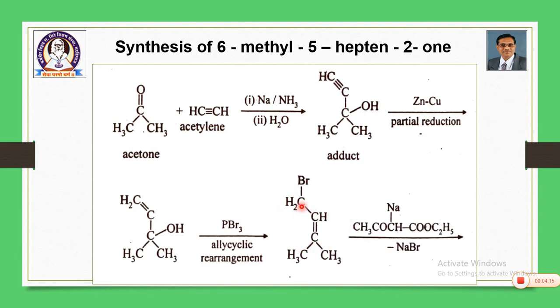So, CH2Br is obtained and there is migration of the double bond. The CH2 double bond is migrated over here. So, C double bond C double bond is created and OH is replaced by Br. Simultaneously, two steps are taking place.